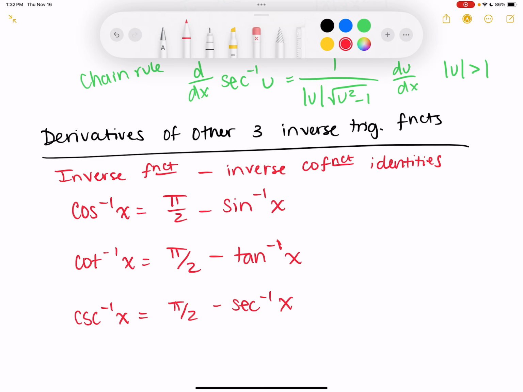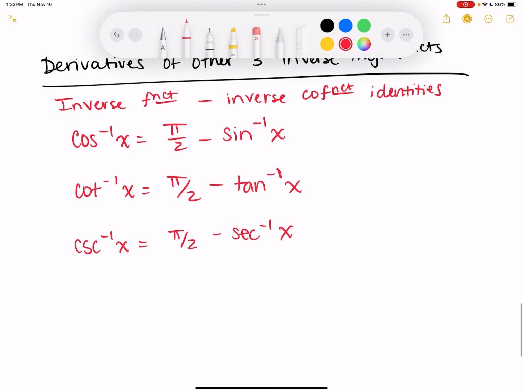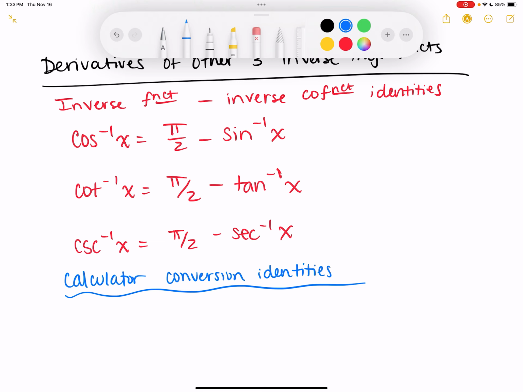Now, just so you are aware, if you were to do these on your calculator, here are the calculator conversion identities. We've got the inverse secant of x is equal to the inverse cosine of 1 over x.